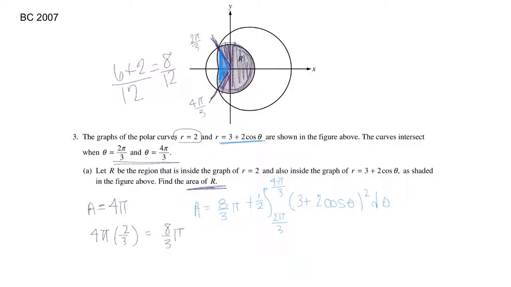And that should be my final area here. And if we type all that into the calculator, I don't remember what we should get. Let's see. Looks like we're going to end up with 10.370.